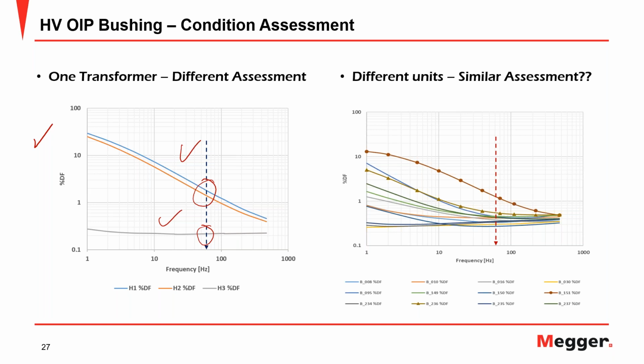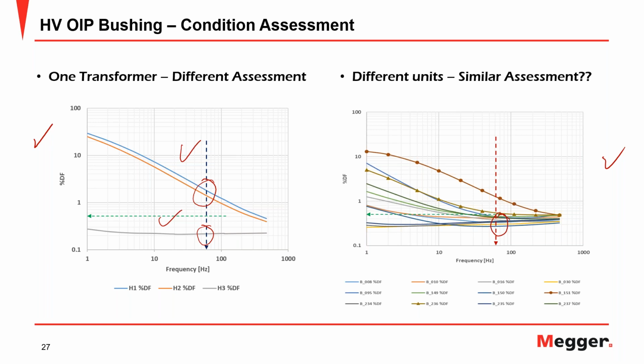In the next one, on your right-hand side, you can see this is an example that we prepared for the presentation at SIGRE. Just 12 different bushings, right? On these 12 different bushings, you can see that 11 out of 12, and I would say that 10 out of 12 are below 0.5%. And let me just put some limits here.